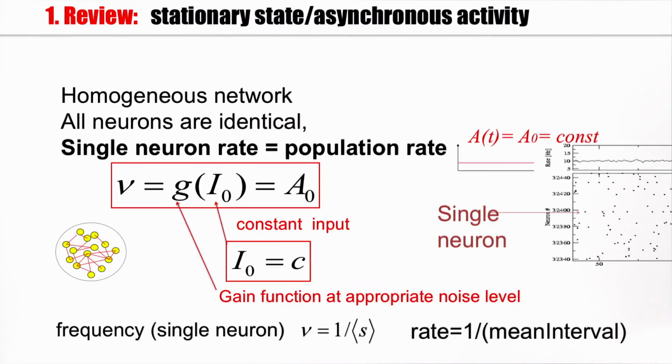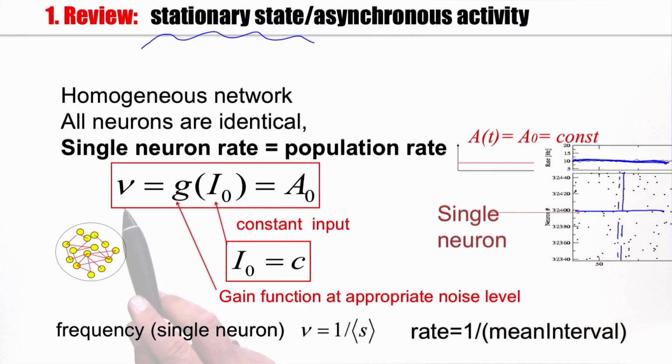Now, the argument so far did not make any assumption about the type of activity. But if we assume that we are in a stationary state, which means that the population activity is more or less constant as a function of time, then in this case, since all neurons are the same, the spatial average, which gives you the population activity, is the same as the temporal average.